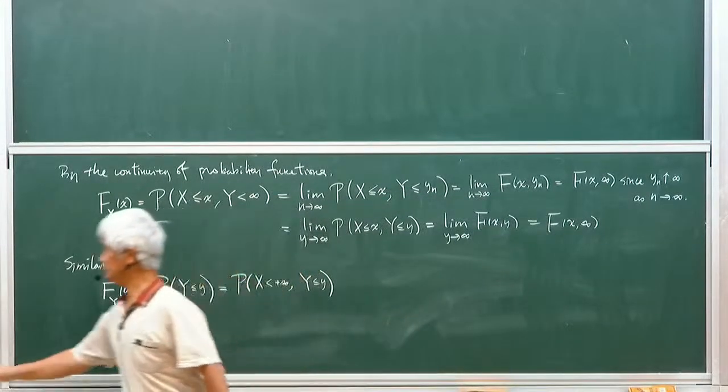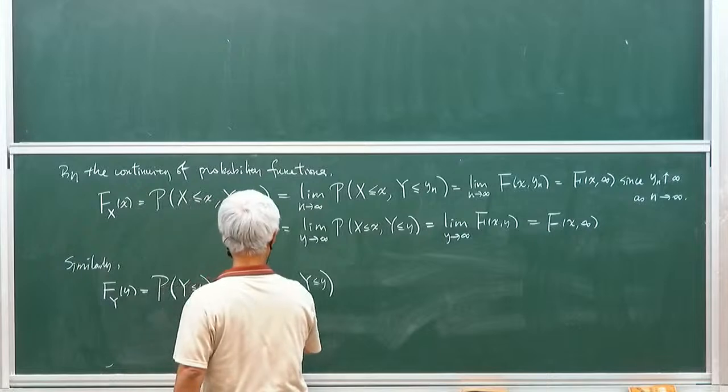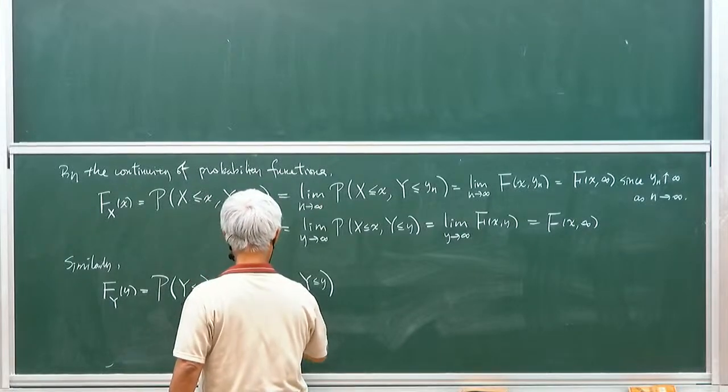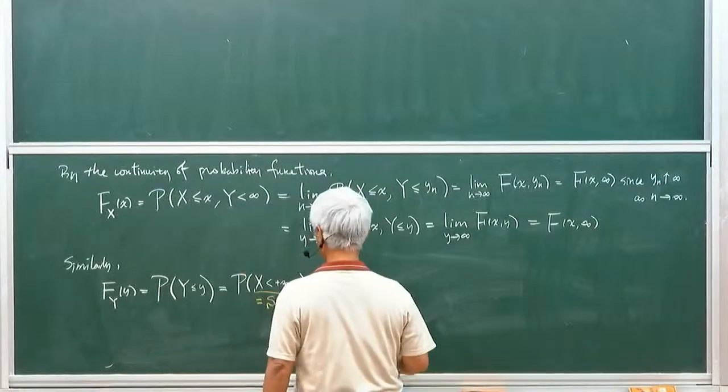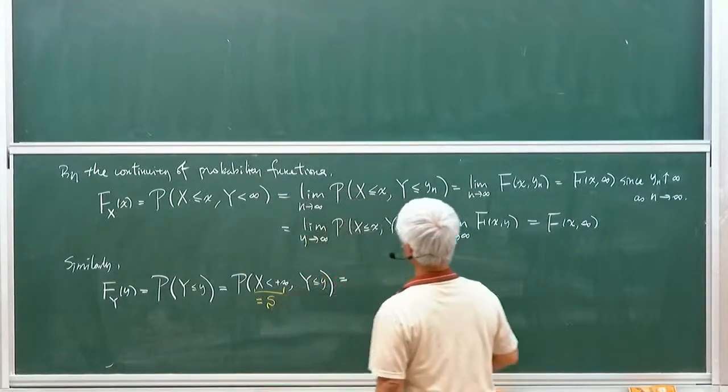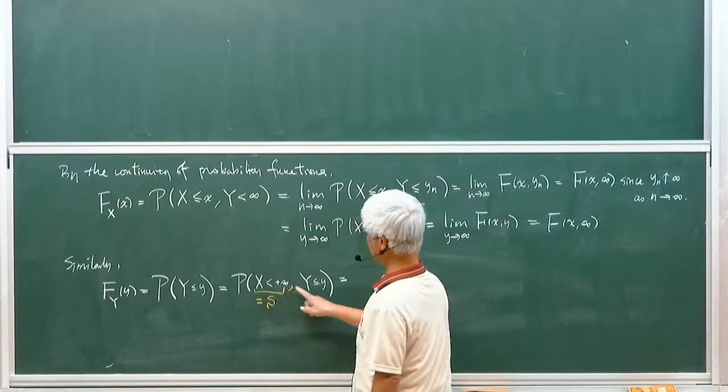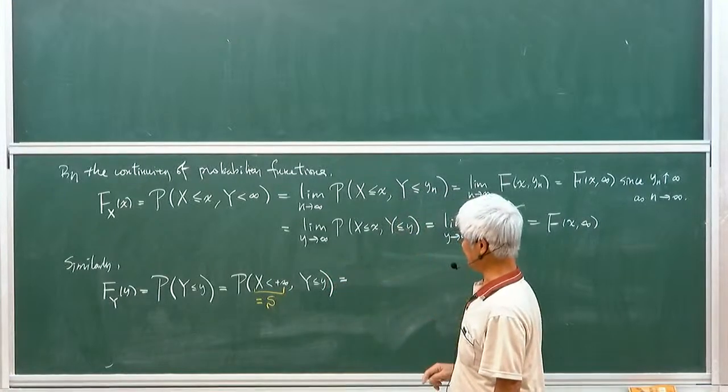And the reason is that this event is the total event. Again, this is the limit of an increasing sequence of events.